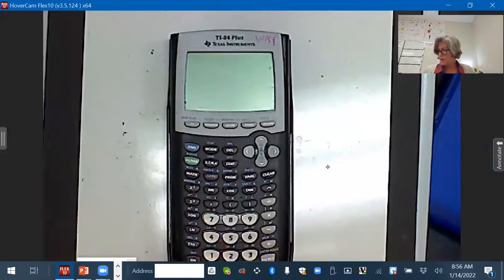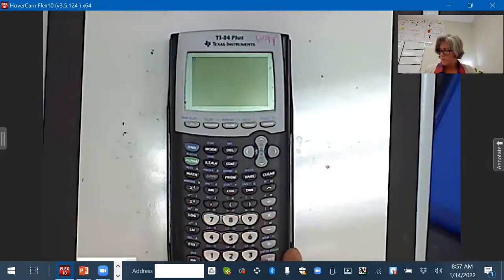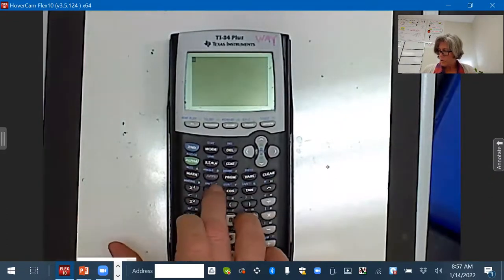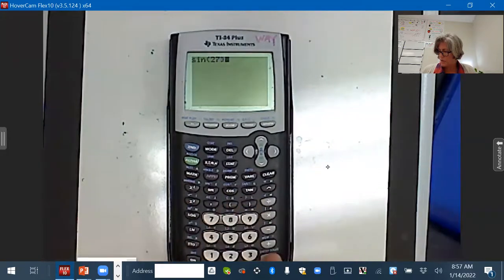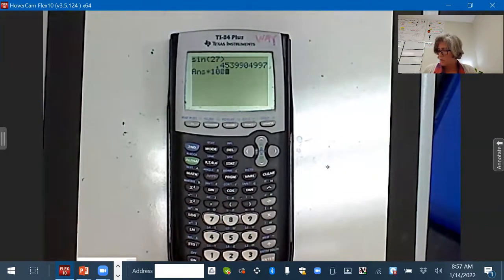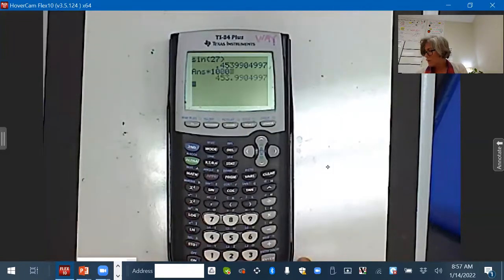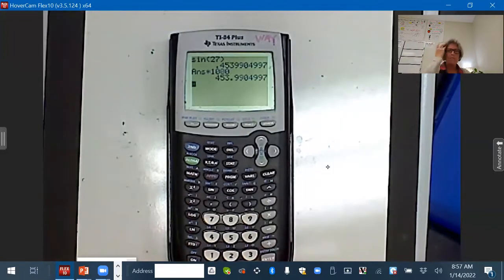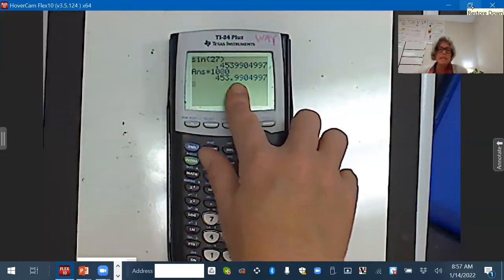Calculator looks like this. Okay, so I'm going to do sine of 27 times 1,000 equals. Do that in 2 steps. That's 453.99.